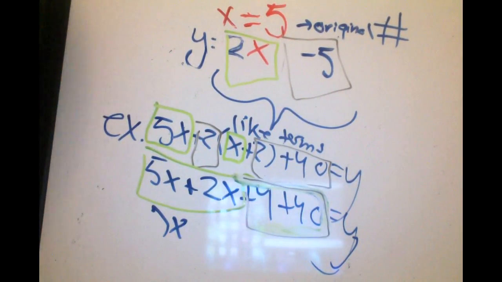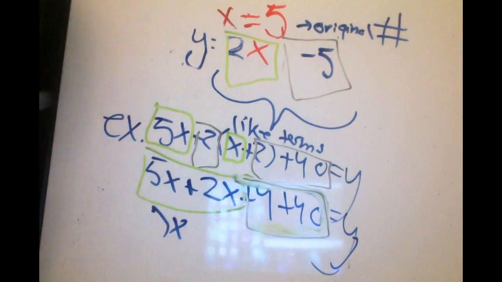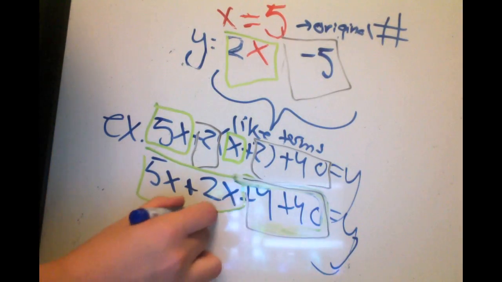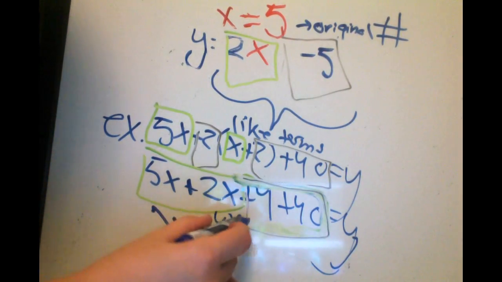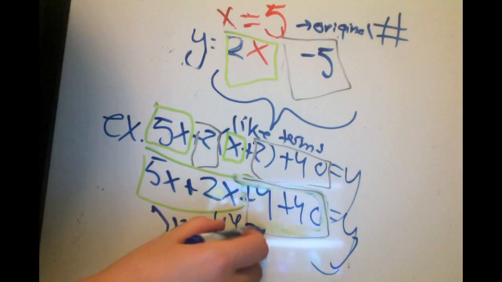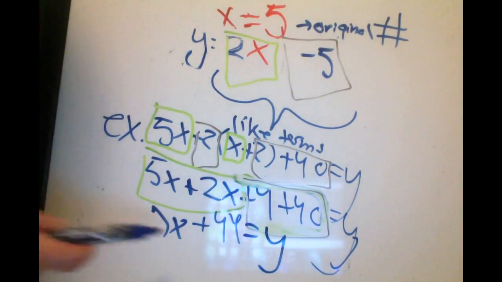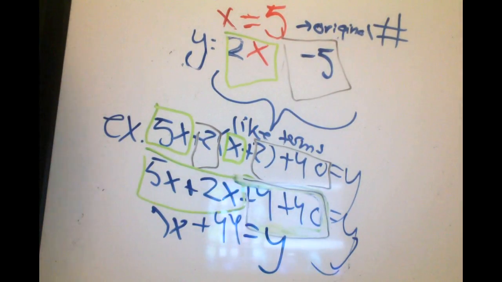The only case would be when you're dividing or multiplying. So 7x plus 44, since 5 plus 2 is 7 and 4 plus 40 is 44. And this would be the simplified version of the equation when you group the like terms.